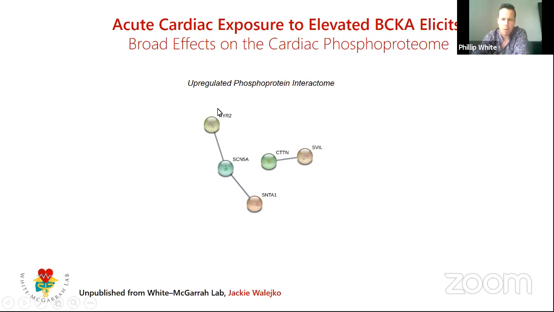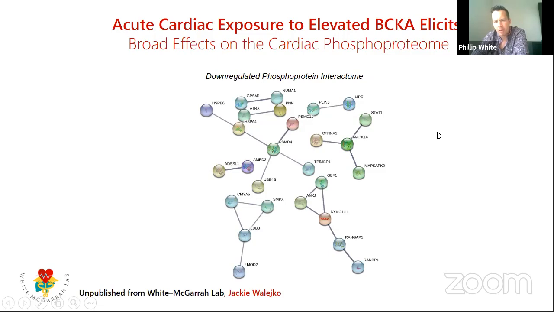One of them is potentially associated with contractility and action potential: here's the ryanodine receptor, and some of the sodium transporters. And we also see another node, which is supervillin and cortactin. These are associated with actin polymerization and myogenesis. Supervillin is one of the first complexes formed during myogenesis, which suggests that the phosphorylation may be coordinated towards driving hypertrophy, as we postulate.